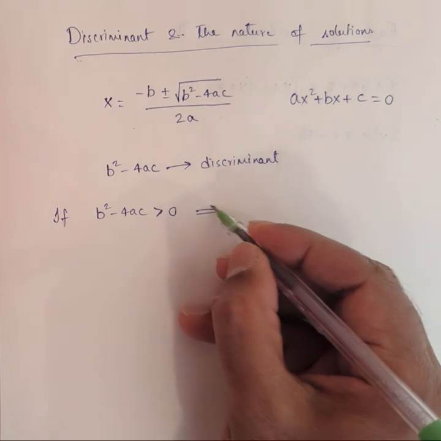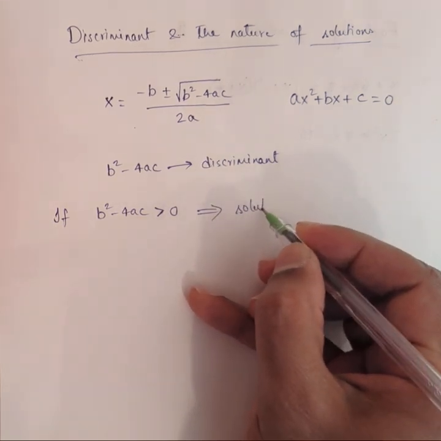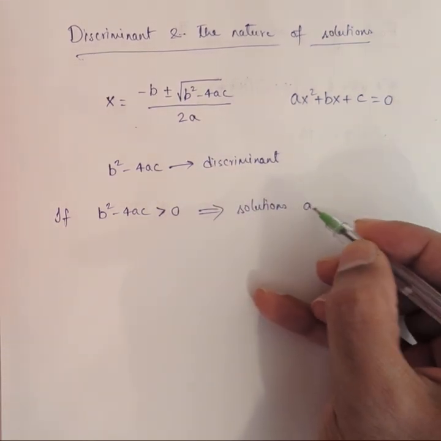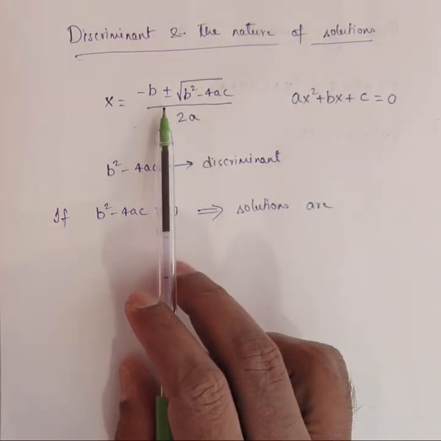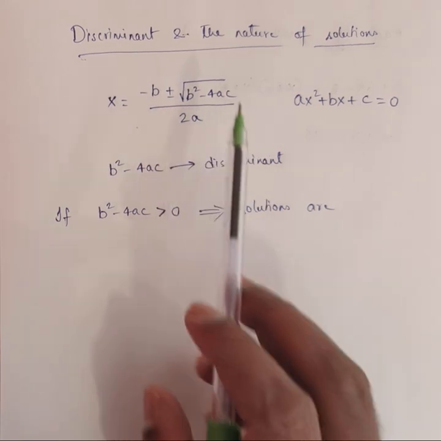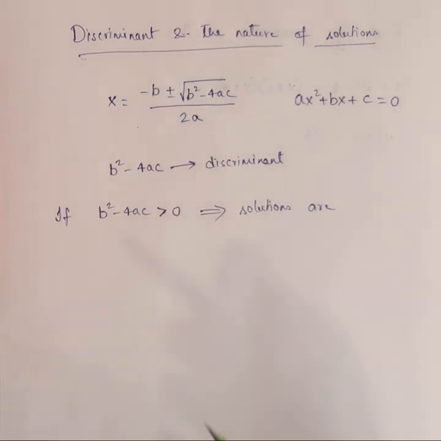That means your solutions are negative b plus the square root of b squared minus 4ac over 2a, and the other solution is negative b minus the square root of b squared minus 4ac over 2a.